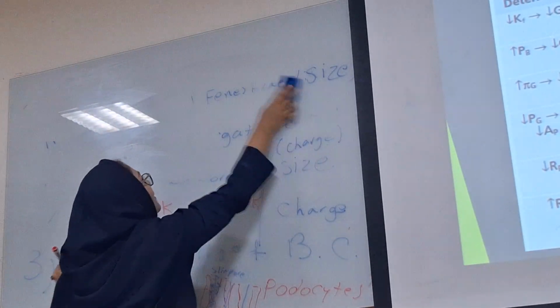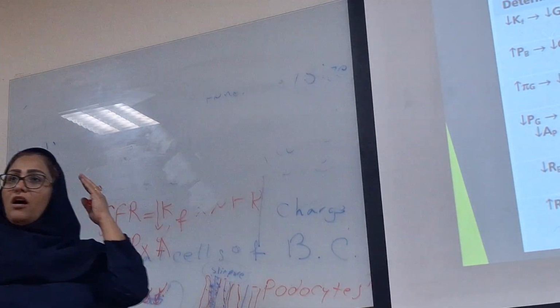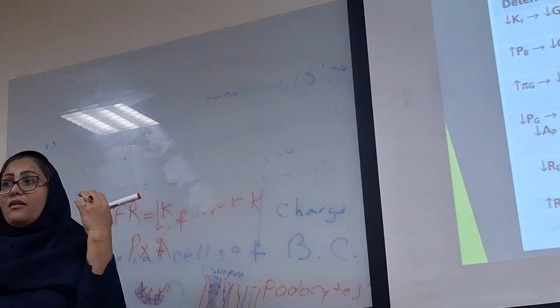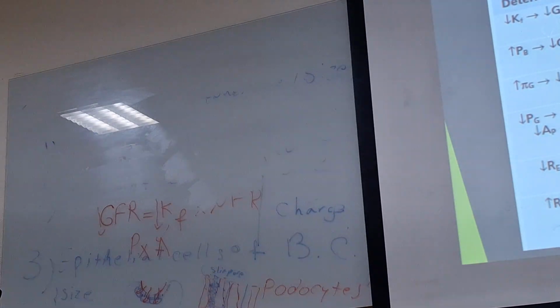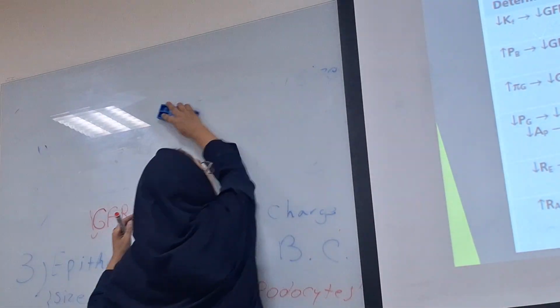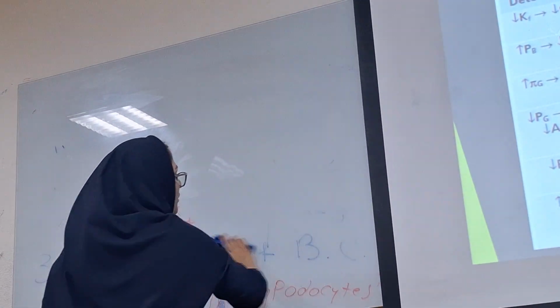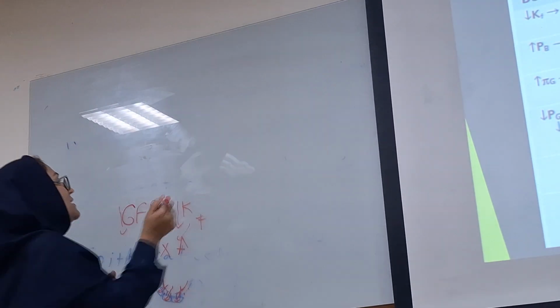Don't imagine that I keep all of these points in my mind. I just draw all the time, and after that I talk about it with myself. Suppose that PB increases.